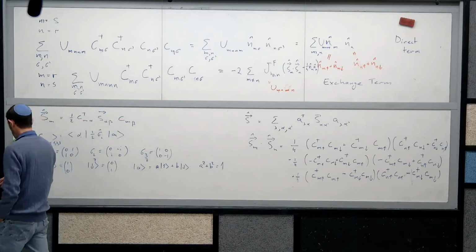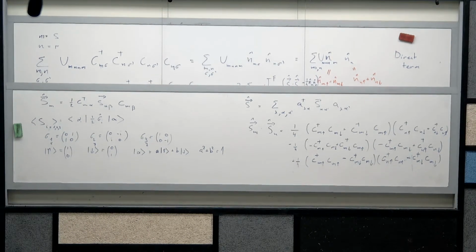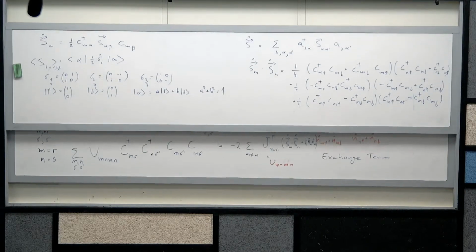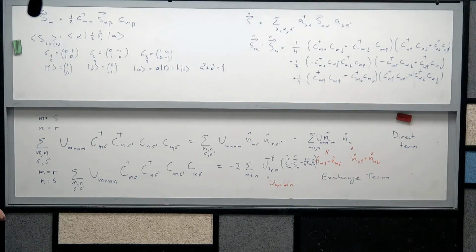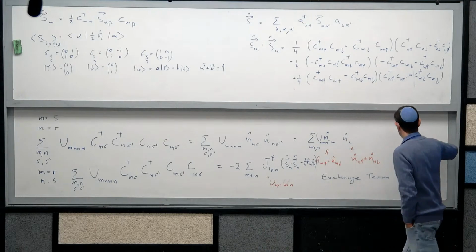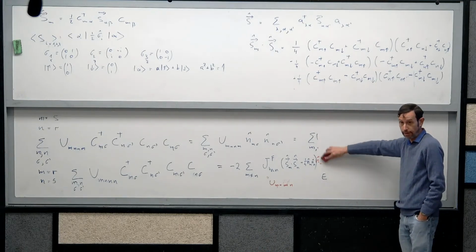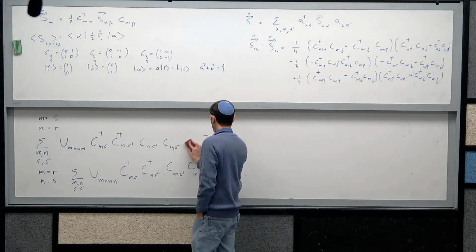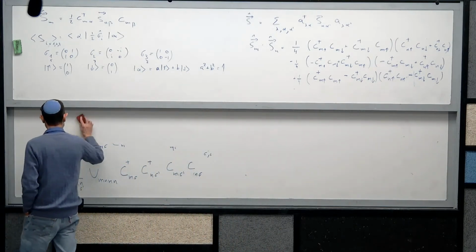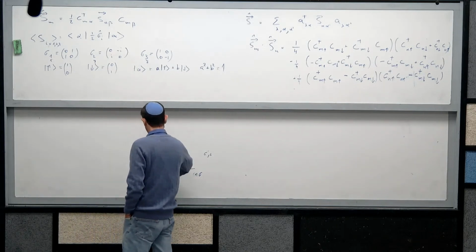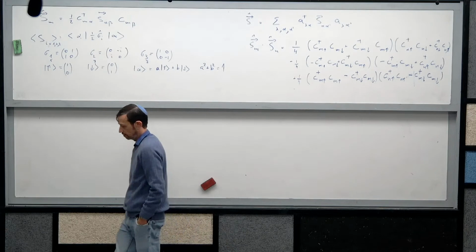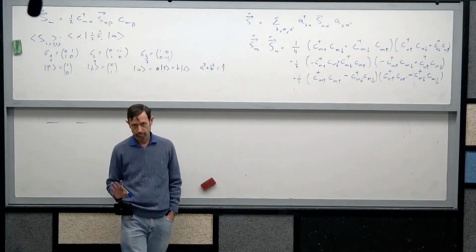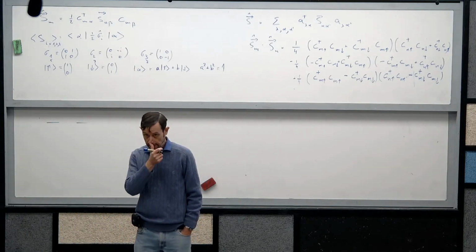Let's assume, this is basically a cartoon version of exchange. Two sites. Two electrons on two sites.